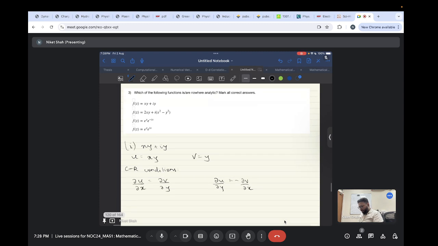Applying it in the first part, del u by del x is equal to y, del v by del y is equal to 1.